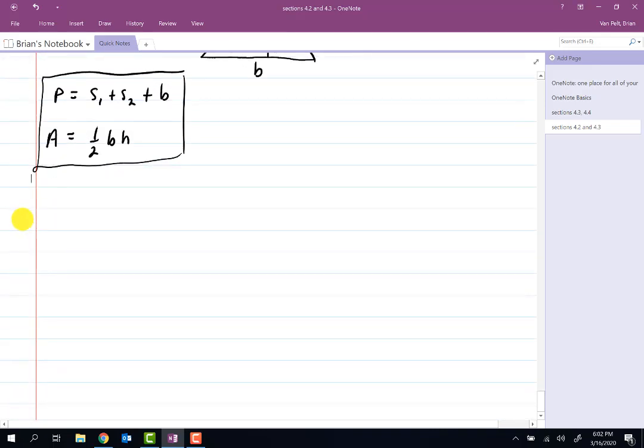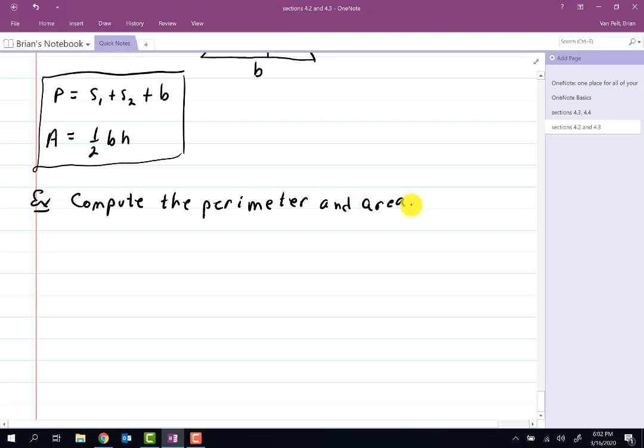So let's do an example to illustrate this stuff. Let's compute the perimeter and area of the following figure.